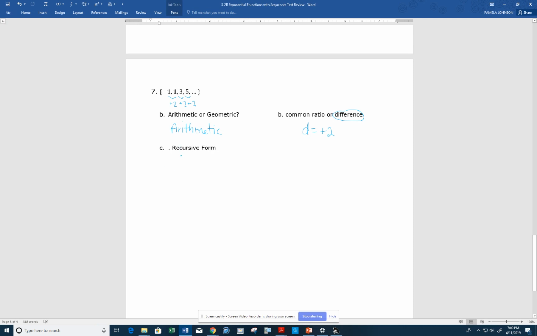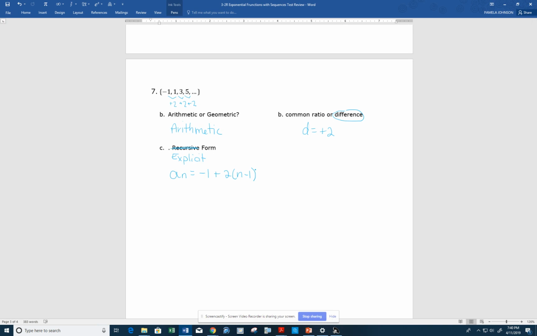So this should say explicit form. Let's call this our explicit form. a sub n equals negative 1 plus 2 times n minus 1. Now, we did talk about recursive form in a previous video.